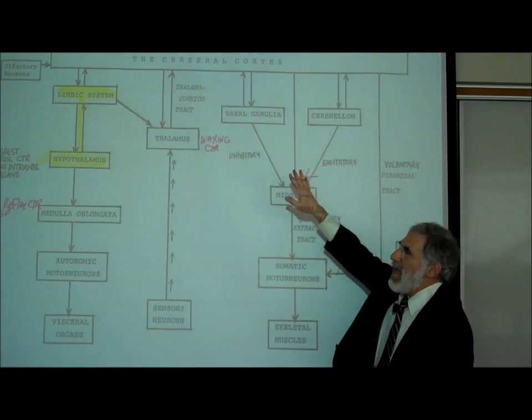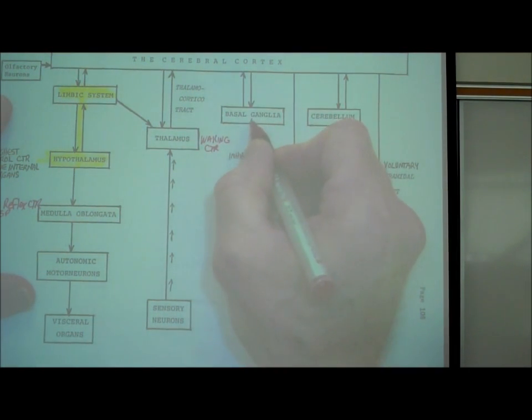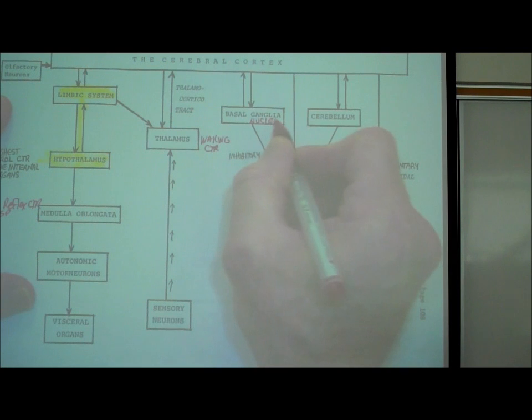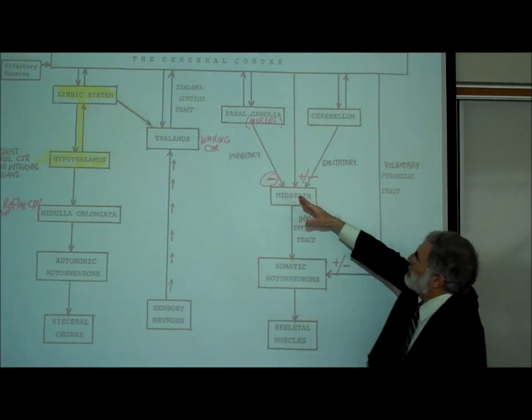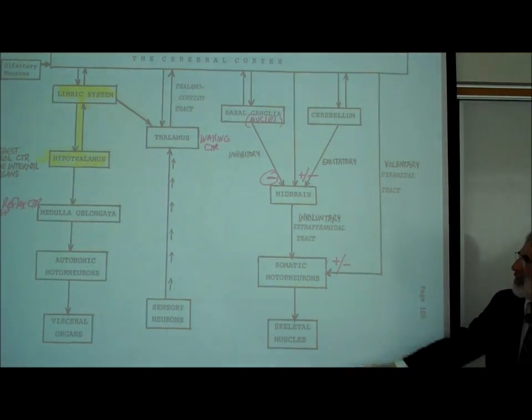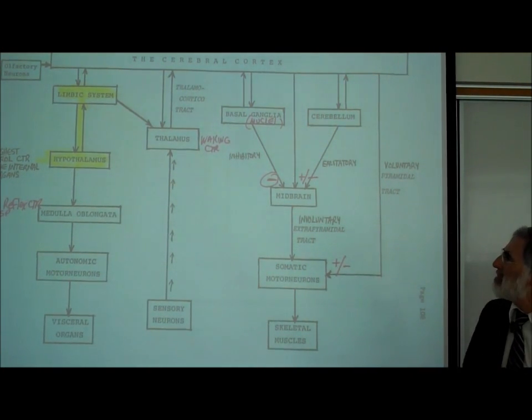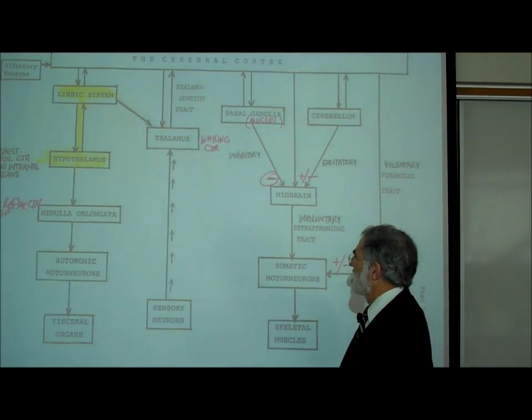The basal ganglia, or basal nuclei, we've now learned exerts primarily an inhibitory influence, an inhibitory influence on the extrapyramidal tract and therefore the somatic motor neurons. So what we're trying to say is this.